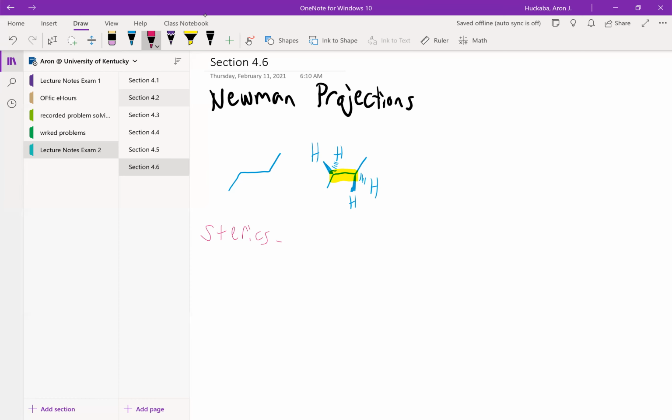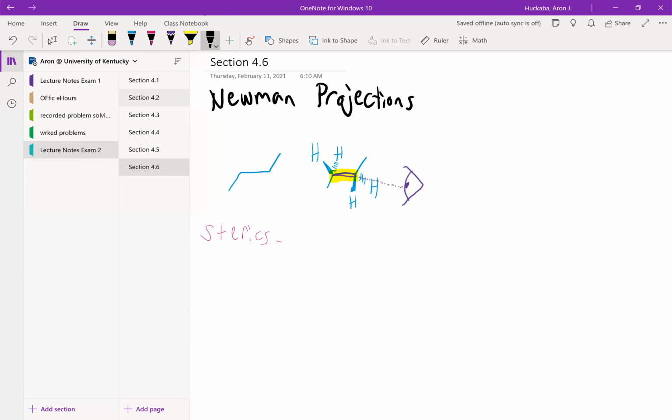And in this Newman projection, what we can do is imagine that we are an observer at this molecule, and our eye is placed here, and we're going to view this molecule right down that carbon-carbon bond there.